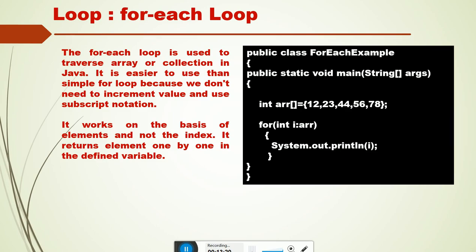The for each loop works on a collection. And the simple for loop, you have to define how many times the statement or set of code will execute, like variable int i equal to 1 to 10.